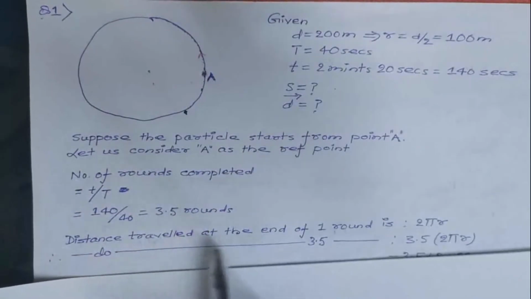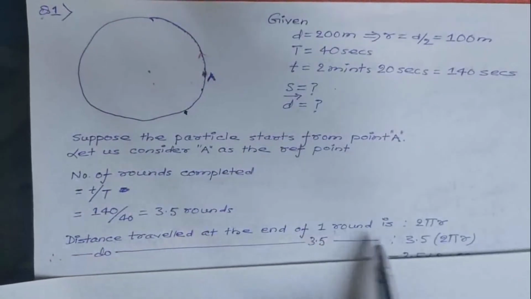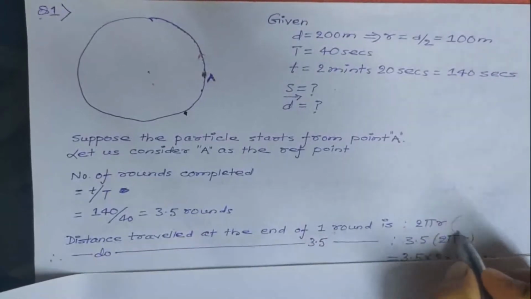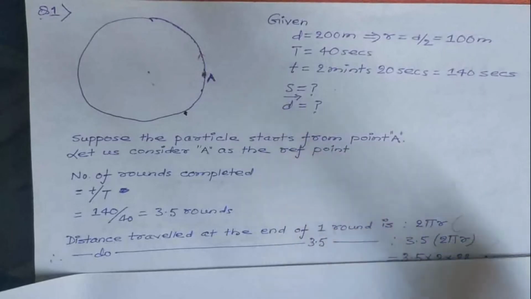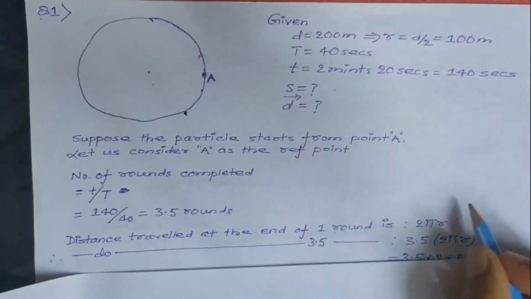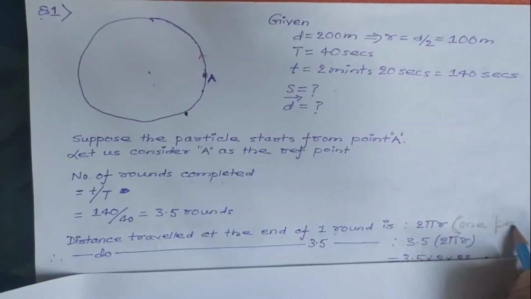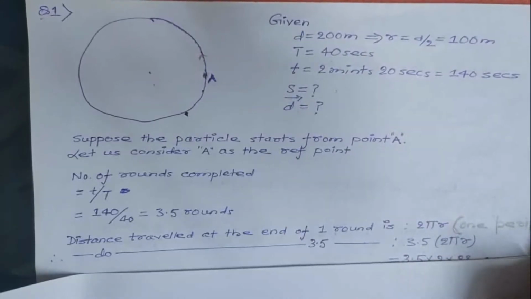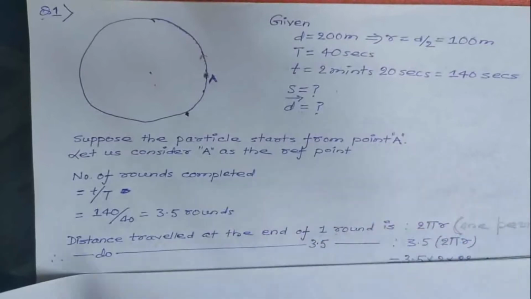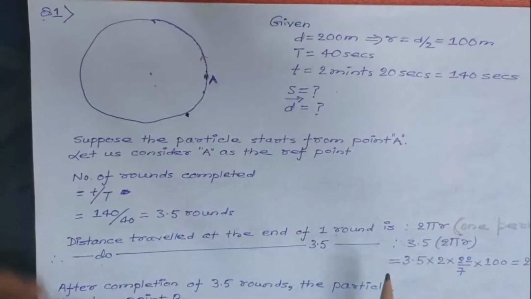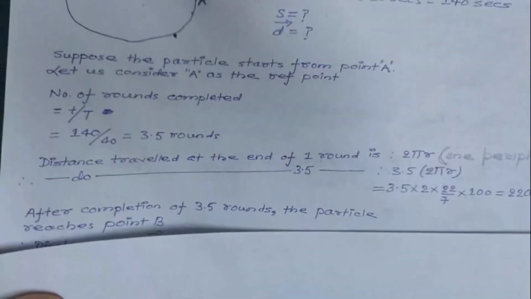Distance traveled at the end of one round is 2 pi r, one periphery. So at the end of 3.5 rounds, 3.5 times 2 pi r, the value will come out to be 2200 meter. That you can calculate.